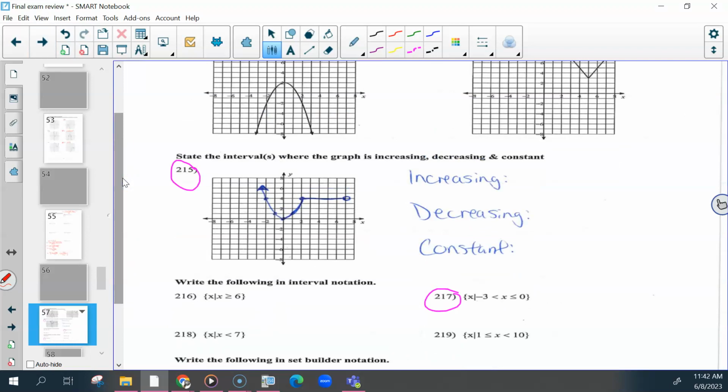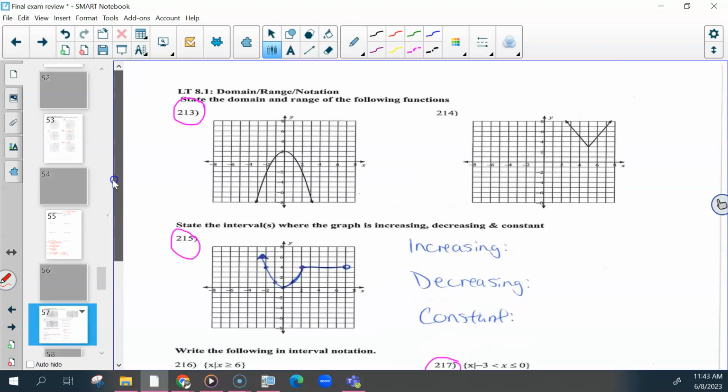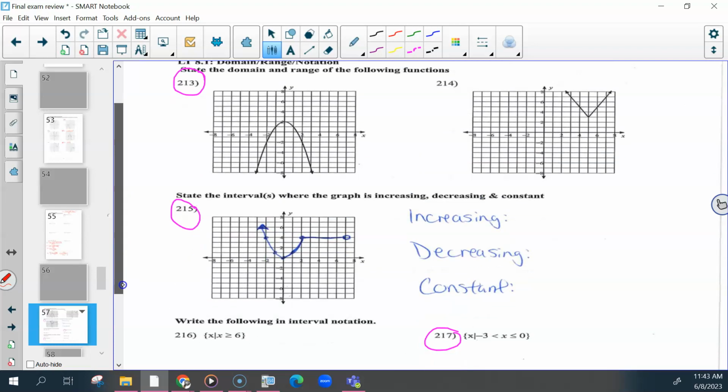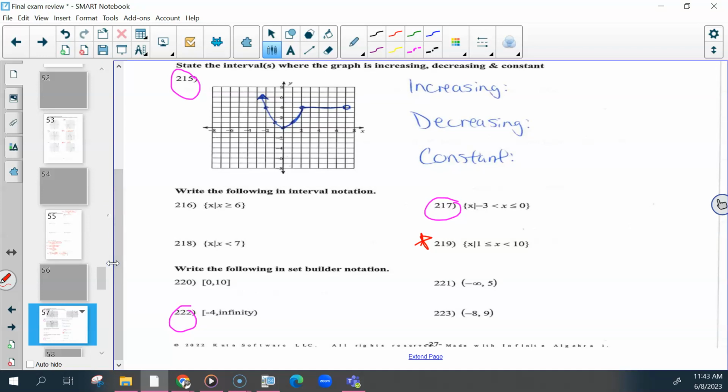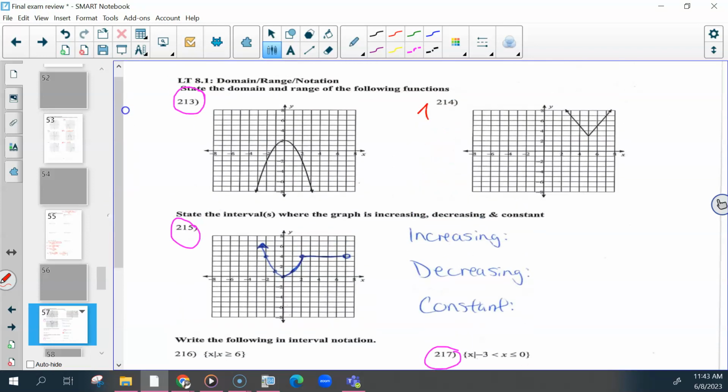Let's go over C, D, two. If you have more, we'll do those.